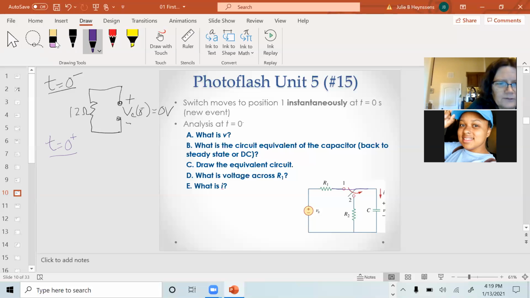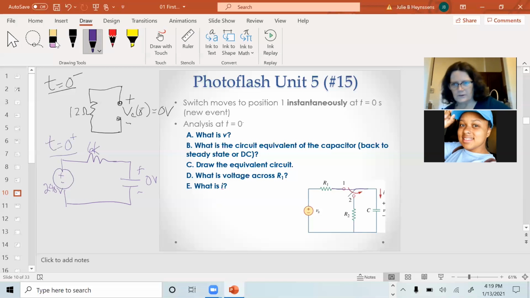This is right after I flip the switch. I've got the 240 volt source in there. I've got the 6K ohm resistor. And I've got a capacitor that has no charge stored across it. So this is 0 volts.